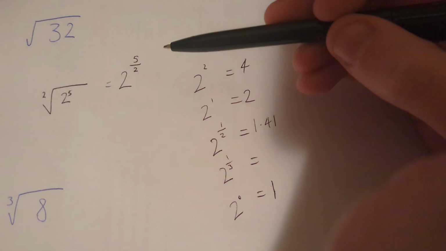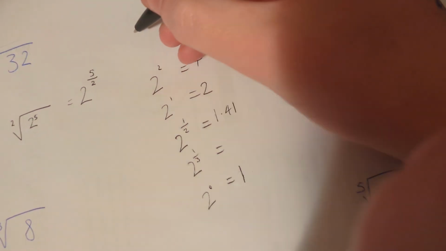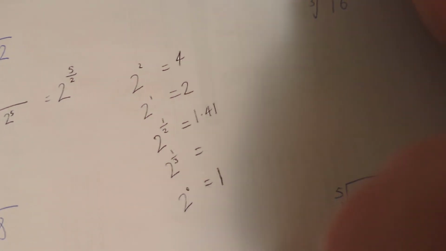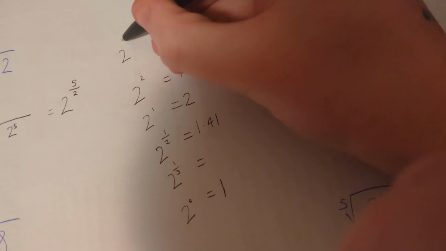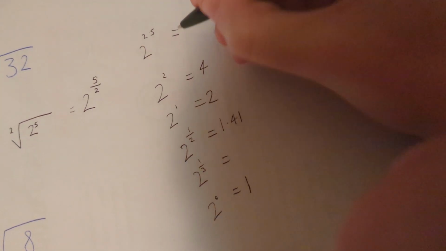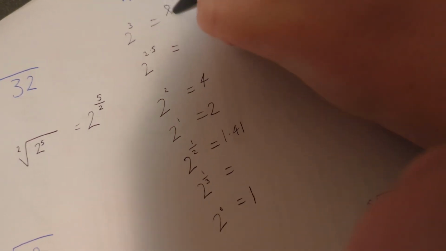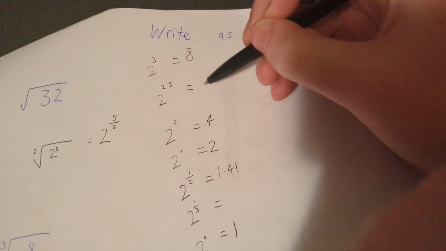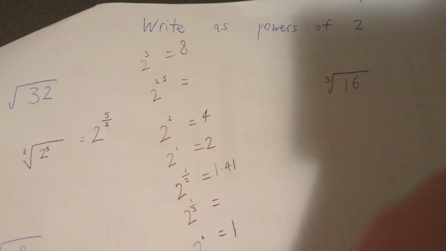So if we go back to this example here, 5 over 2, we know that it's bigger than 1, isn't it? It would be 2 to the 2.5. I don't actually know what that is, but we know that it's going to be bigger than 4. 2 to the 3 is 8. So it's going to fit in between 4 and 8 somewhere, not necessarily 6.